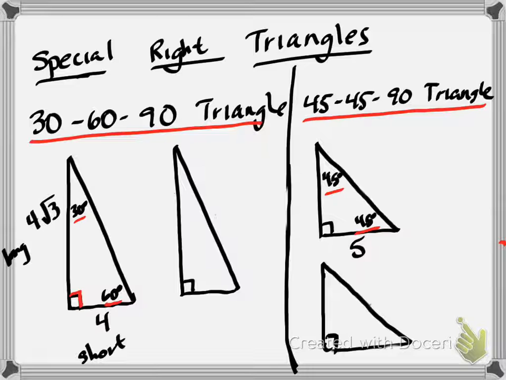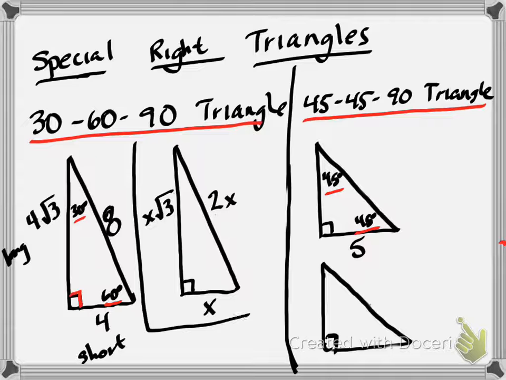All right? And if the short side is 4, that means the hypotenuse is 8. And so in general, what we say is the short side is x, the hypotenuse is 2x, and the long side is x square root 3. And this is the relationship inside a 30, 60, 90 triangle and the side lengths.